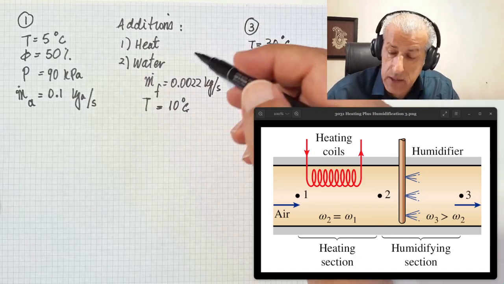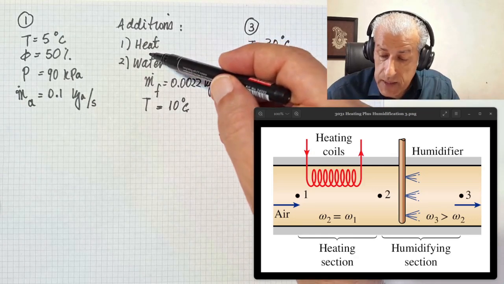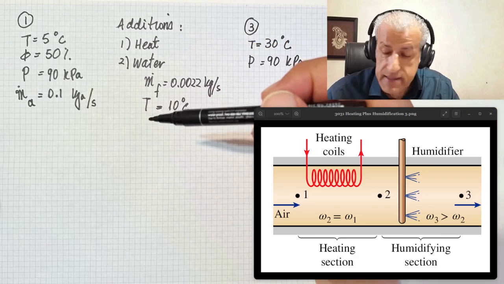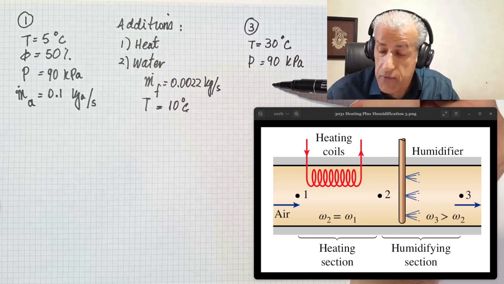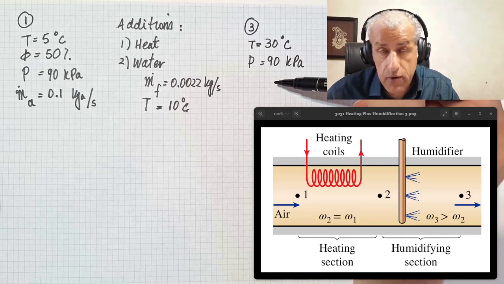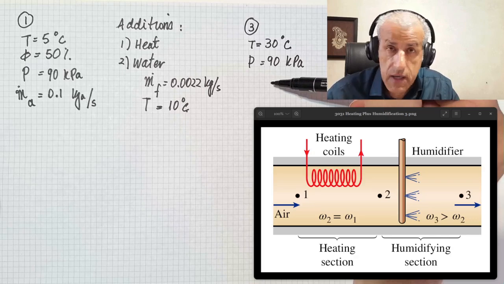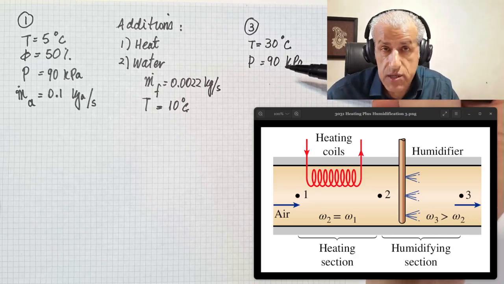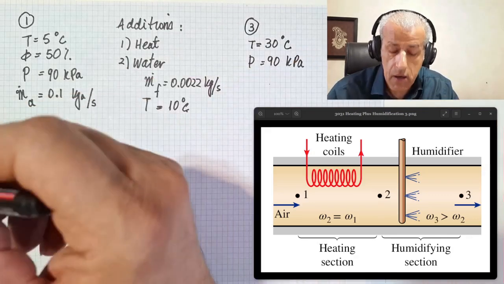We are to calculate how much heat is added, and we are to calculate characteristics of the outgoing flow. That means phi, W, specific humidity, and relative humidity. We are to calculate them all.